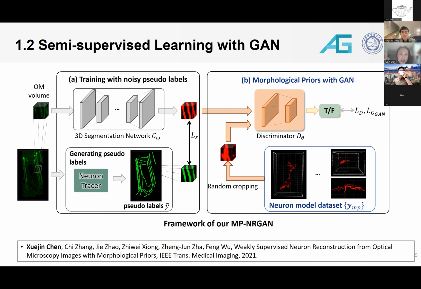Yes, we take the common structure of a segmentation network like UNet, 3D UNet, but we have to retrain it from random initialization because the pre-trained model using natural images doesn't work on the microscopic images, where the textures and intensity are very different from what we have for natural objects. So we really retrain our segmentation network from scratch.